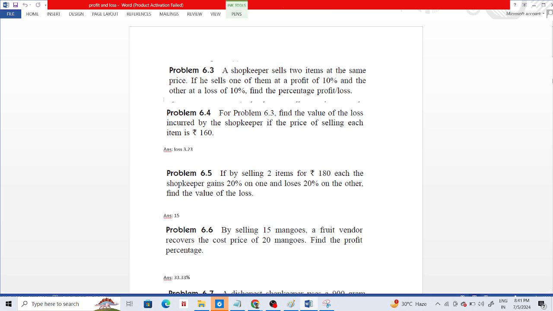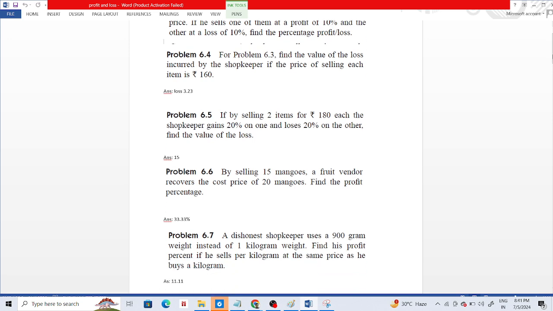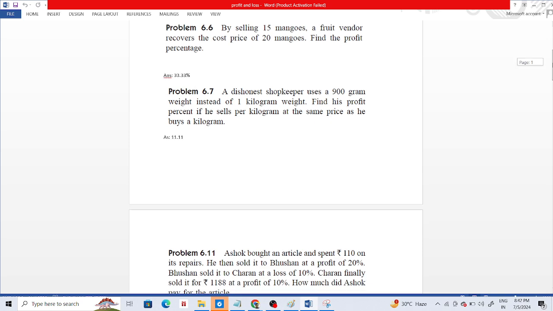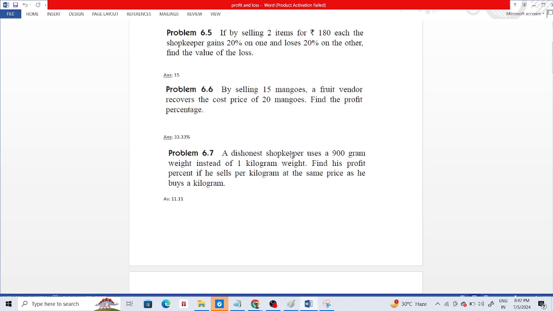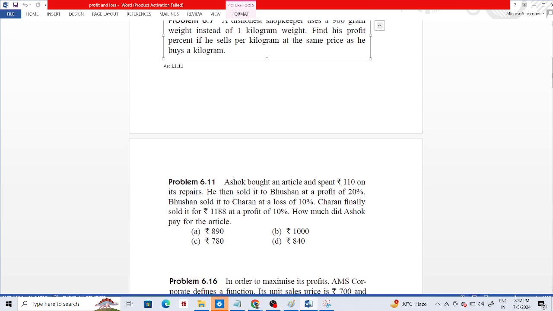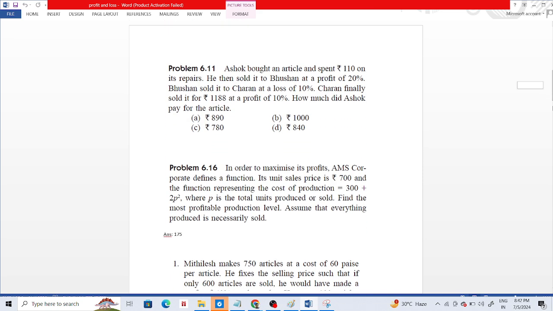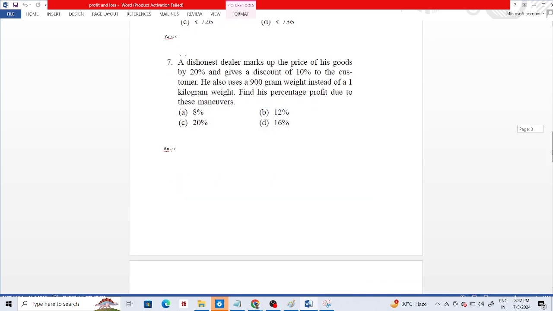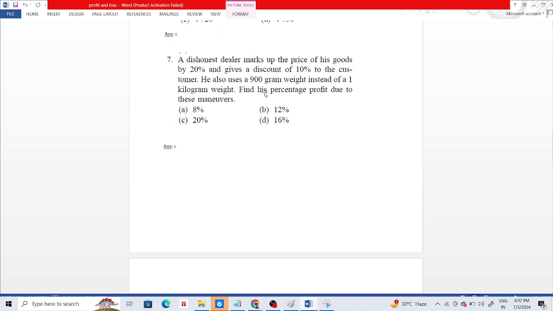We are moving forward with the different types of sums. One of the most important types that comes in profit and loss is the dishonest shopkeeper problem. One dishonest shopkeeper problem we have already done in the past, and I have another one, and there is a complete series of dishonest shopkeeper problems. We will do that. There is another dishonest shopkeeper problem over here.